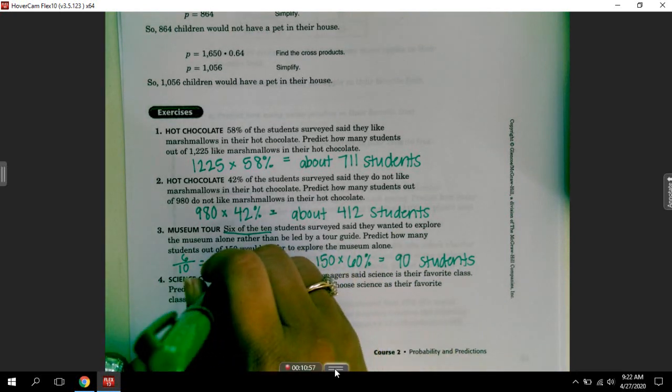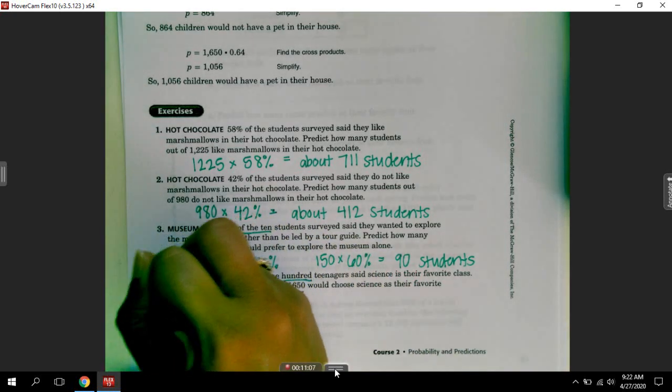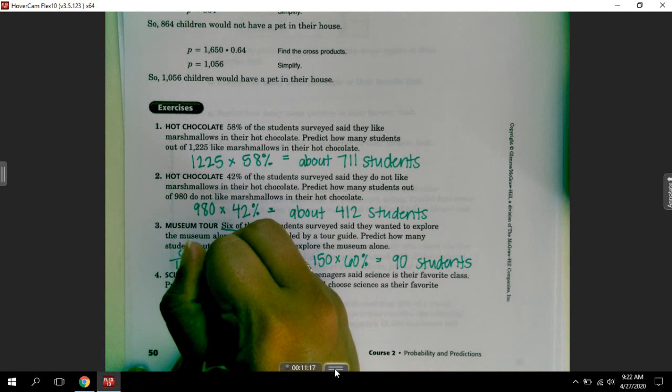But they do say that 40 out of 100 teenagers said science is their favorite class. So again, we're going to divide 40 out of 100. Because it's out of 100, this is super simple, because percents are out of 100. So 40 out of 100, you know that this is 40%.